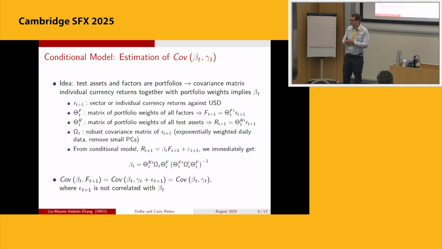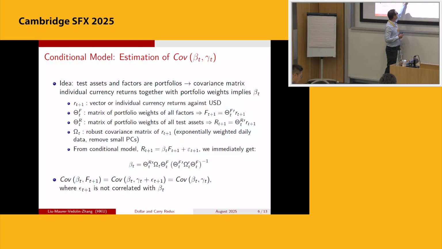And for the beta, we use daily data. It's an exponentially weighted moving average, but essentially it's the past like 6 months of daily data which are important. And we look at the individual currencies and estimate the covariance matrix of all these currencies based on the daily data. Once you have the covariance matrix, this capital gamma, then all you have to do is look at the portfolio weights of your traded factors, dollar and carry in our setting, and the portfolio weights at time t of your test assets.